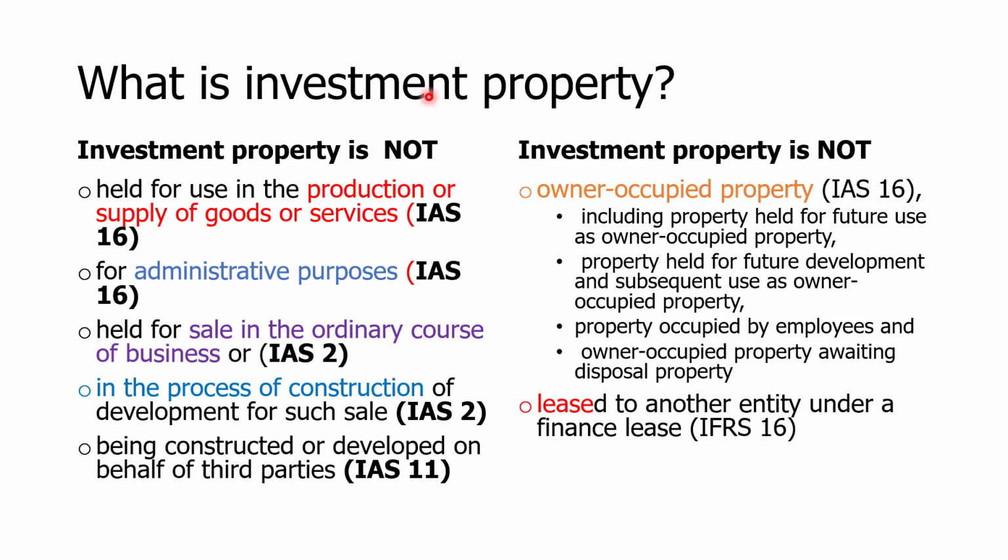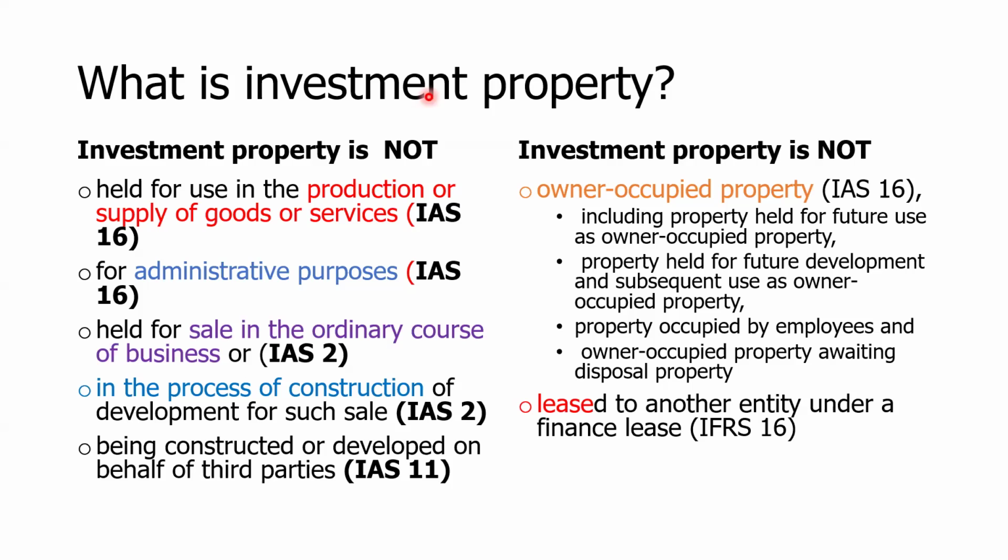Remember, substance over form. On paper, the lessor is the owner, but in practice the lessee is using the asset for so many years, so they recognize it as an asset on the face of their financial statement.